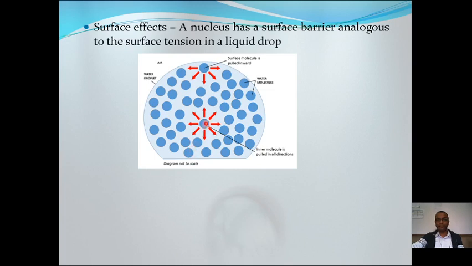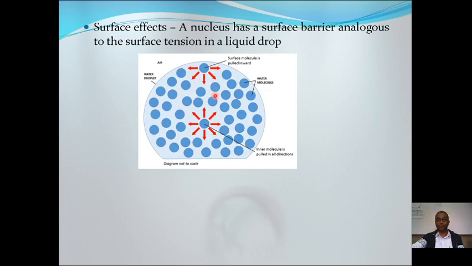It arises because the molecules at the center of the liquid drop are pulled in all directions because of the intermolecular forces. But a molecule near the surface of the water drop has a resultant force inwards. So this gives rise to a tension on the surface of water.